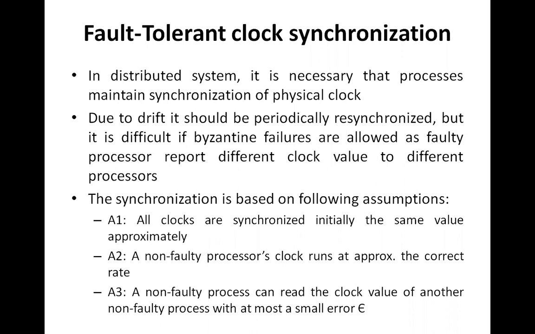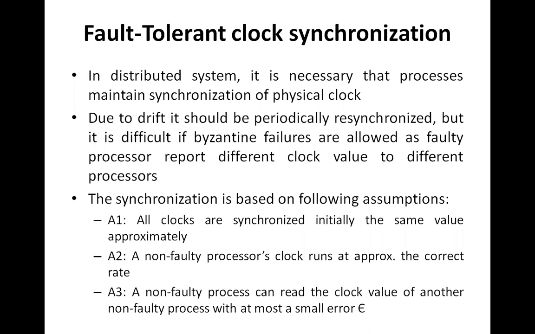So whenever we do the synchronization process for the clocks of the different processes, we have to make certain assumptions, and based on those assumptions, the solution can be found. Of course, we will be applying some algorithm which is used for the agreement problem in making the synchronization possible.